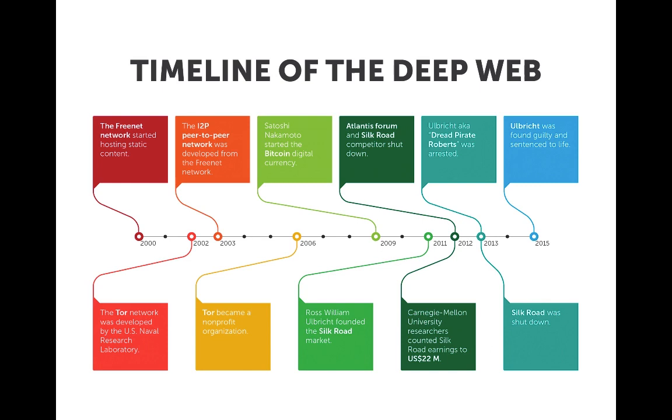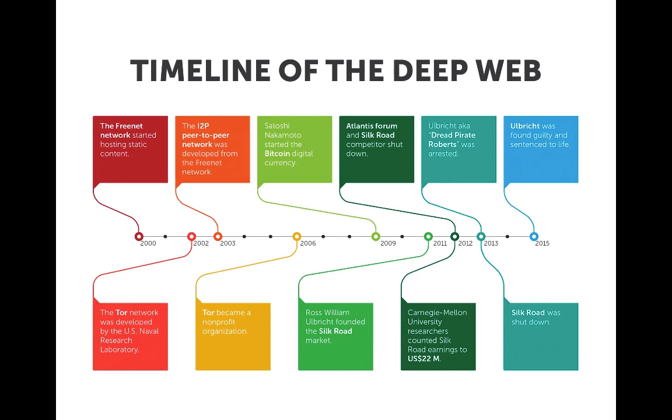Still, be patient. In 2006, Tor became a non-profit organization. It was freely available for people to access without paying any money, and it became open source, so anyone can use it.